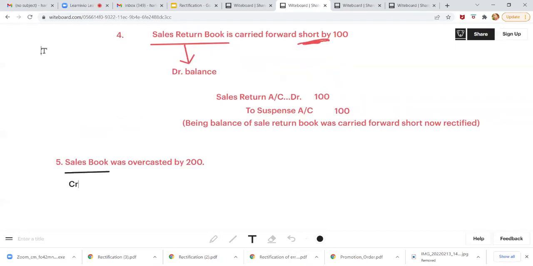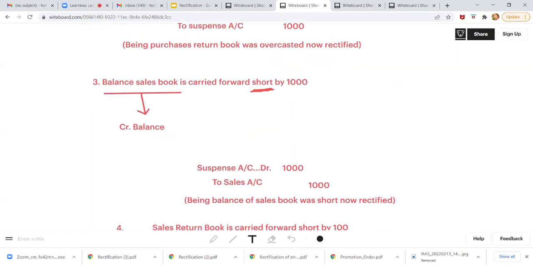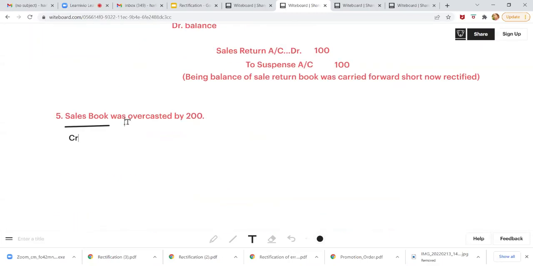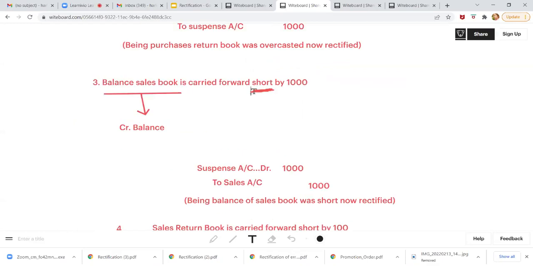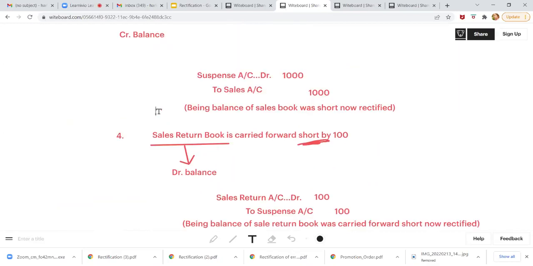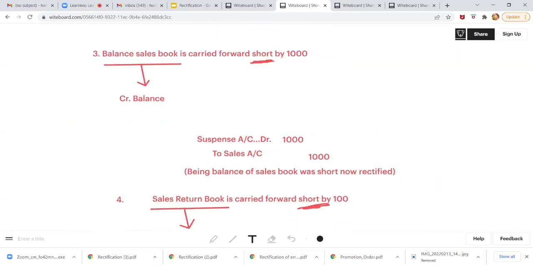So as you can see here, we have credit balance. In the previous question, it was short. There was a shortage in the balance of sales book, so we credited the more amount.